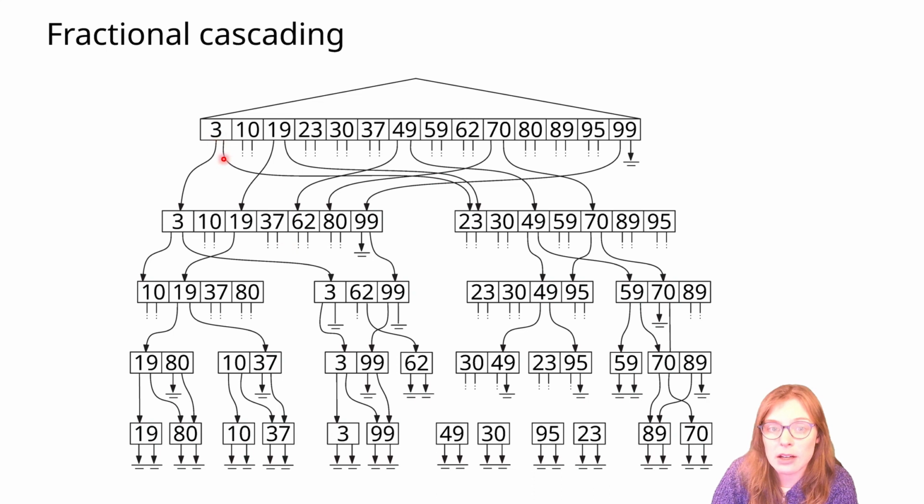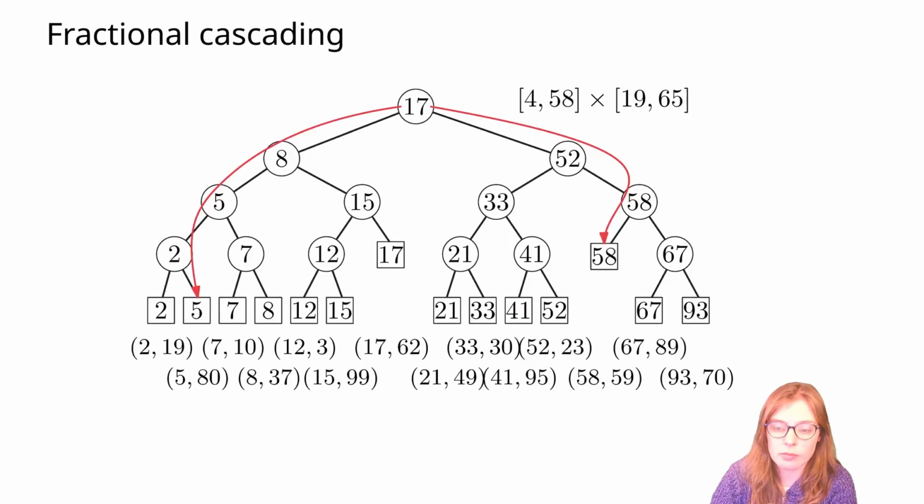So again here, the sets corresponding to the leftmost branch will be the top set S1, the subset of the left child, the subset of the left grandchild, and so on until we reach the leftmost leaf. Let's now consider an example of a query. For example, we want to search for the range between 4 and 58 on the x-coordinate and between 19 and 65 on the y-coordinate.